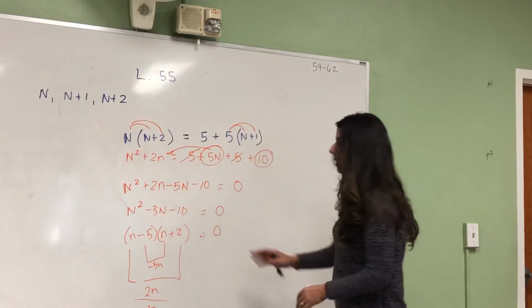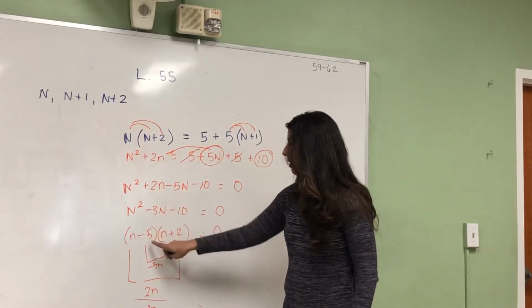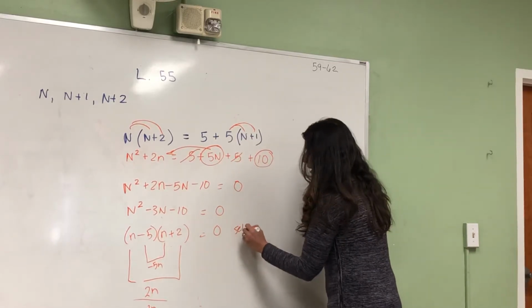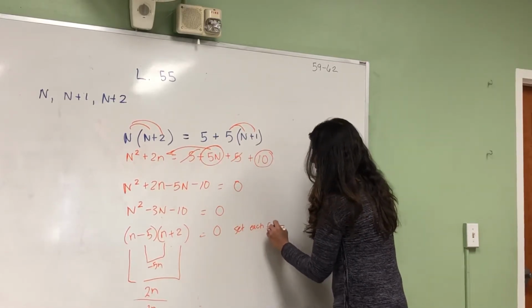So boom, done. Now we have these two factors, so we have to set each factor equal to 0.